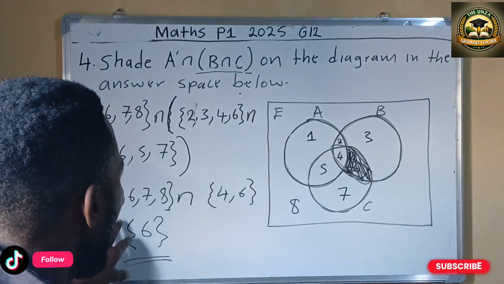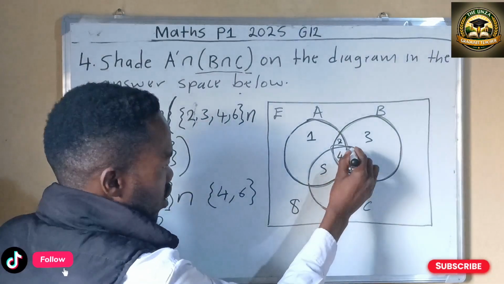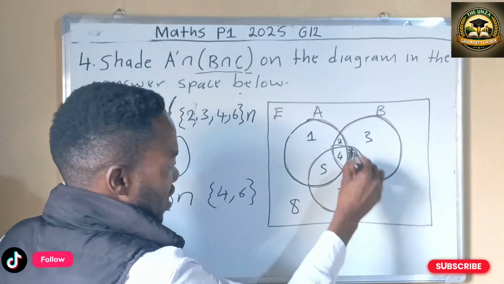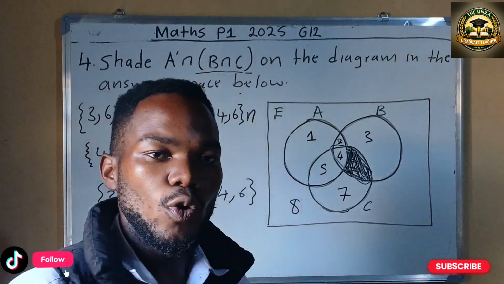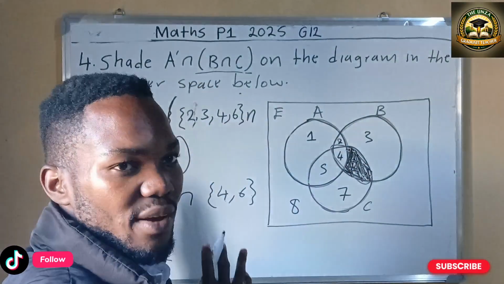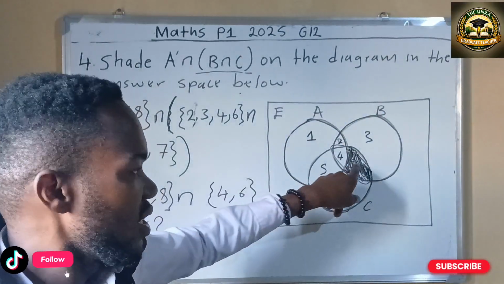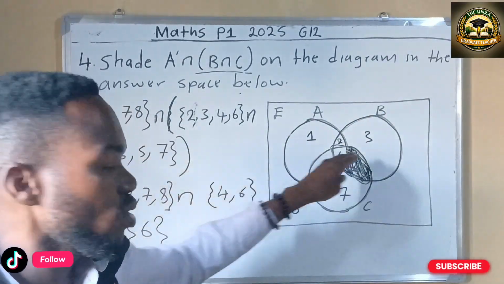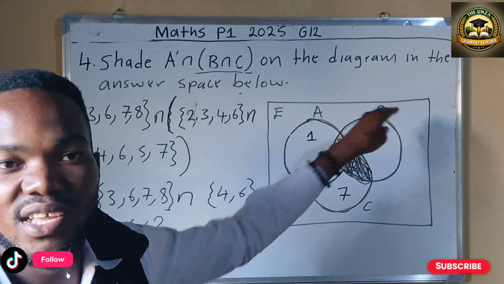This is 6. So the area you are going to shade is just this area where there is this 6. So you have to create these numbers on your own on a different answer booklet. Don't write it the way I've written it here. So when you shade, that's when you can go to the answer booklet and shade. You don't have to put the numbers in the answer booklet.